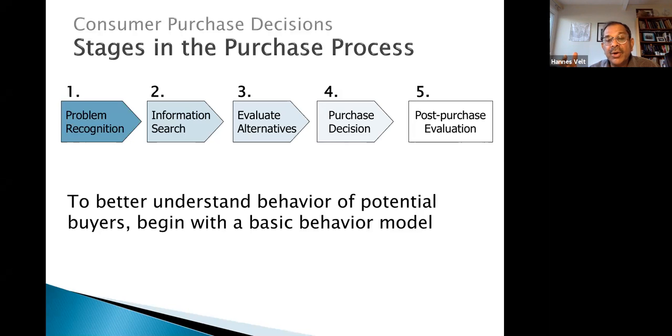In evaluating alternatives now, we can download white papers, we can look at reviews and blogs, and we can even participate in webinars that are offered by the marketeer. We make a purchase decision and then post-purchase evaluation. So in terms of evaluating alternatives, there's been two trends that have been quite important.